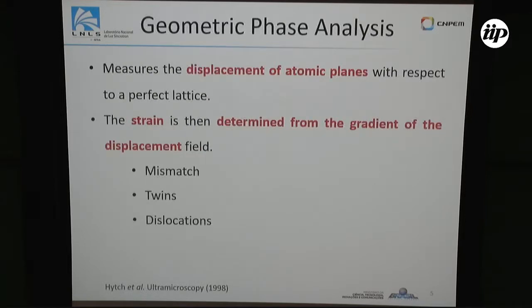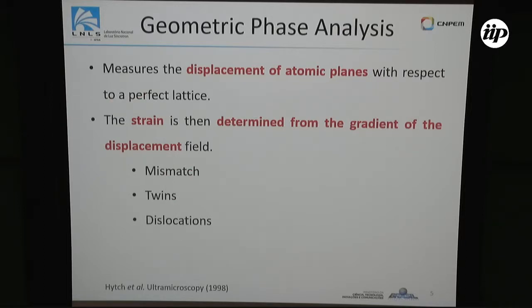Geometric phase analysis is a measurement of the displacement of the atomic columns in a transmission electron microscopy image. This displacement is compared with a perfect lattice, and our perfect lattice is our substrate.